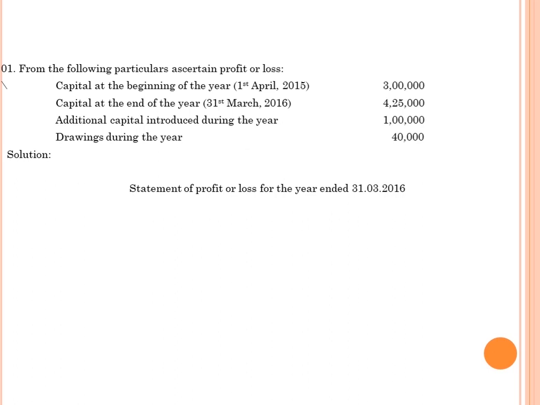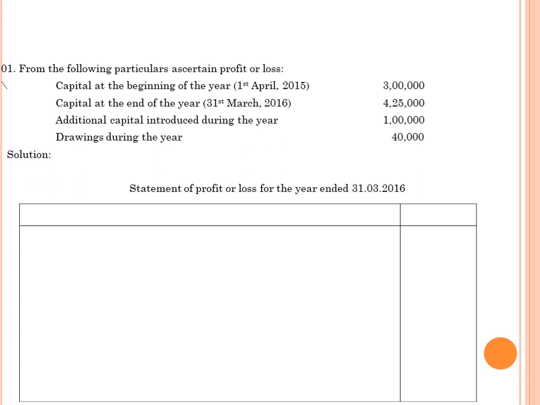Okay. Write down the heading like statement of profit or loss for the year ended 31/3/2016. You divide it into two columns, first column particulars, second column amount, and start with the capital at the end. It's given 4,25,000. Add drawings 40,000. Find the total.